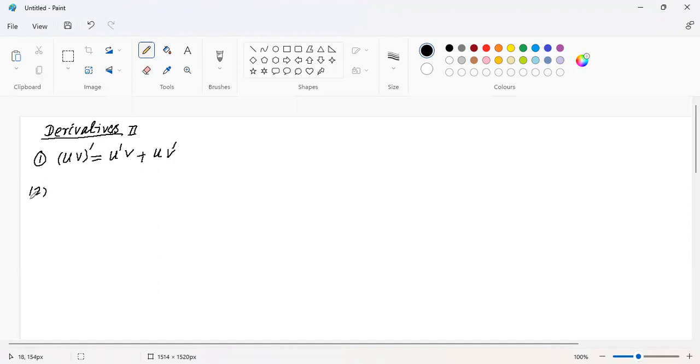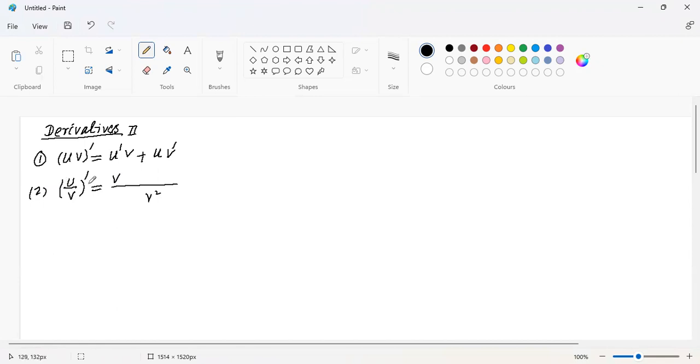Number two, the U by V formula. For the derivative of the quotient of two functions, or U by V formula, first of all write V square and then write V here.